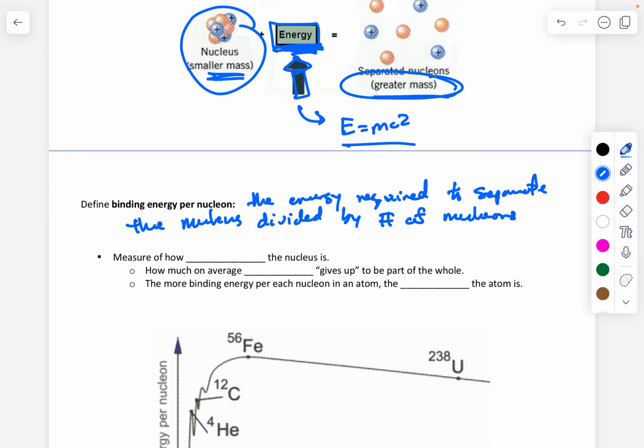So it's this idea that if you have delta M, the mass defect, and you multiply by c squared, you get E. You take this E and you divide it by the number of nucleons. That would be the energy per nucleon.